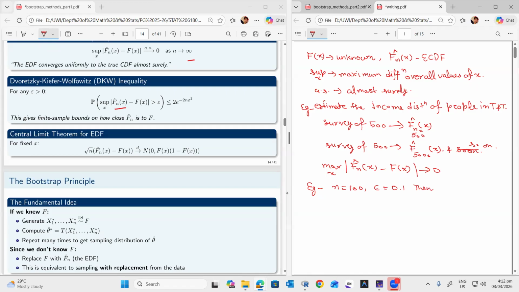This difference is basically the error, or the bias, between the true CDF and the estimated or empirical CDF. So it will be the probability that the error is greater than 0.1, because epsilon is 0.1, will be less than or equal to 2 into e raised to the power minus 2 into n, and we have taken 100, into epsilon raised to the power 2, meaning the square of epsilon.